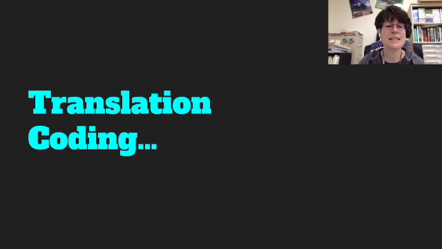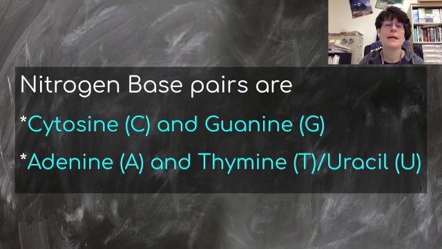So, translation coding. How does this coding work? The nitrogen bases are cytosine and guanine, just like DNA, C and G, and adenine and thymine slash uracil. A and thymine T, that's the matchup we know for DNA, but there's an extra nitrogen base, uracil, for RNA.